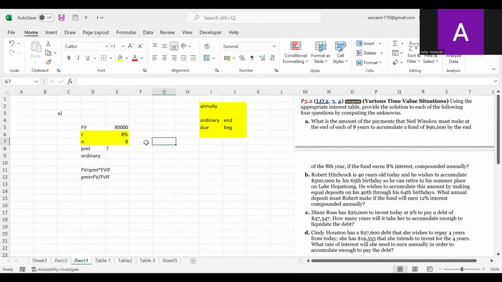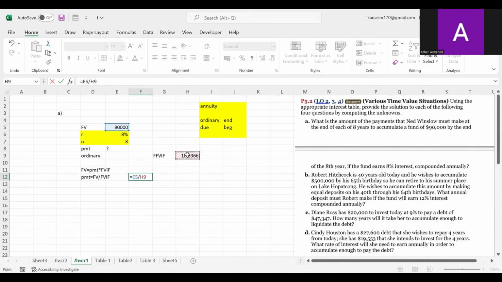So our future value interest factor is going to be 10.6366. Payment here will be equal to future value divided by future value interest factor.